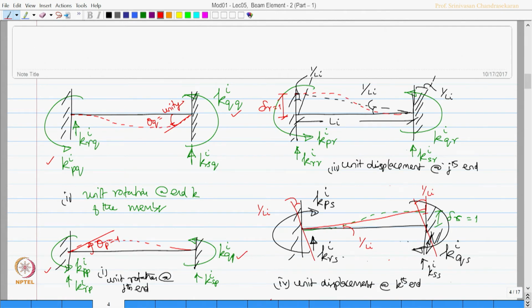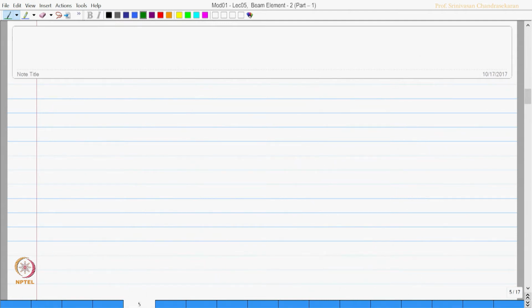Let us look at this figure, and I try to enlarge this figure again. I have an element with both ends fixed.